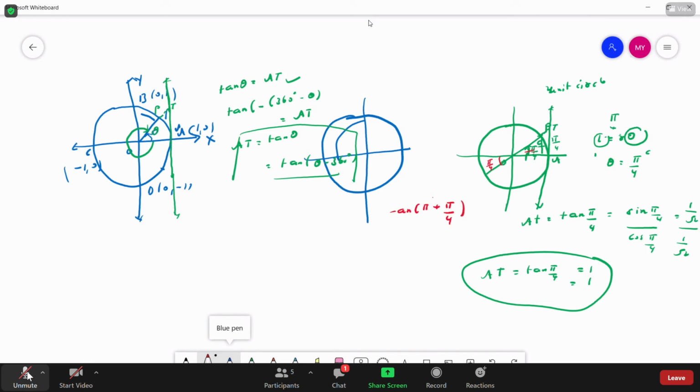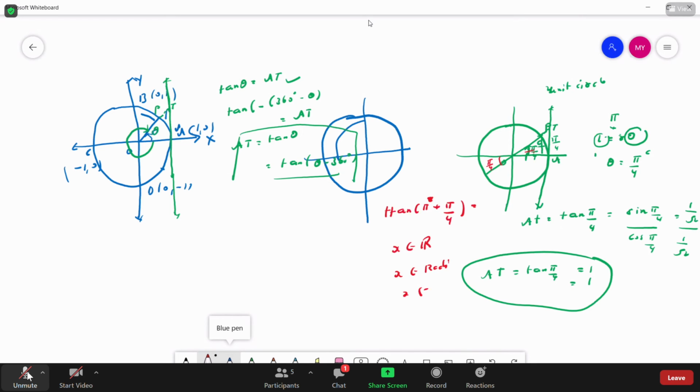This is in radians. Here x can be a real number, or x can be in radians also, or x can be in degrees. If I don't tell that this is a real number, you understood? In the unit circle, what is the relation between the length and theta? Clear, sir.